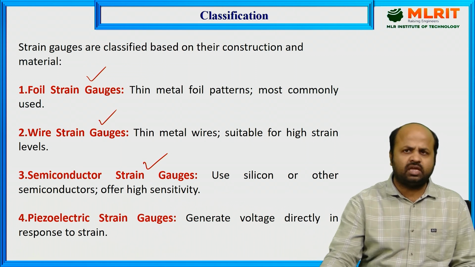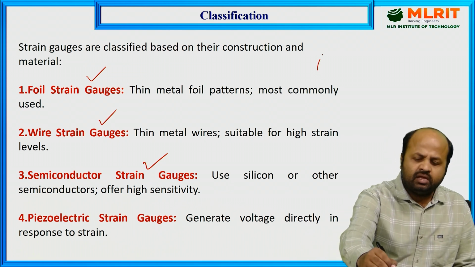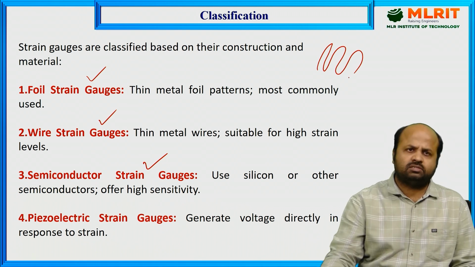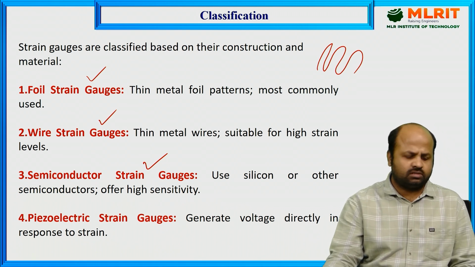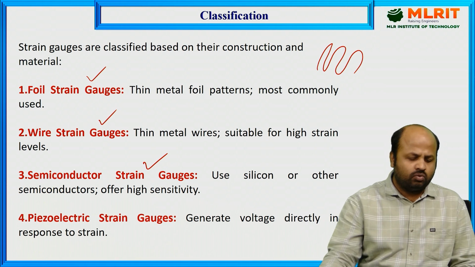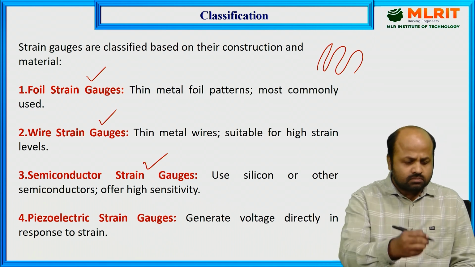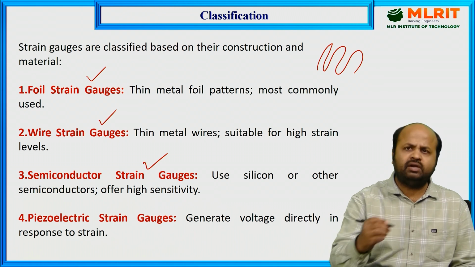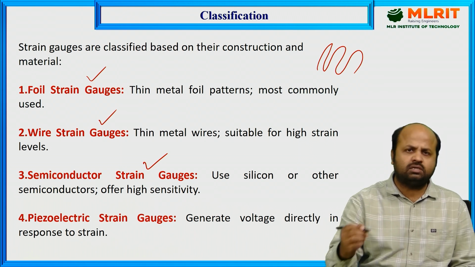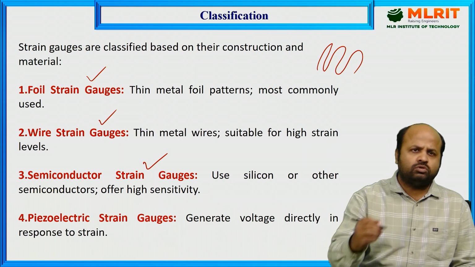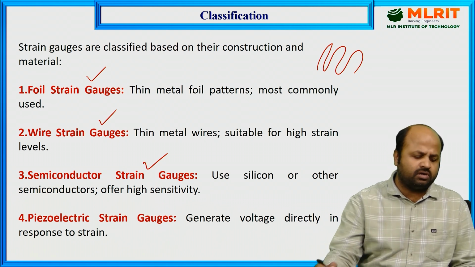In the wire strain gauge, we have some wiring arrangement as we already saw in our previous slides. In the semiconductor strain gauge, we use some semiconductor material to sense the strain of an object. In the piezoelectric strain gauge, some force or strain is directly converted into voltage.